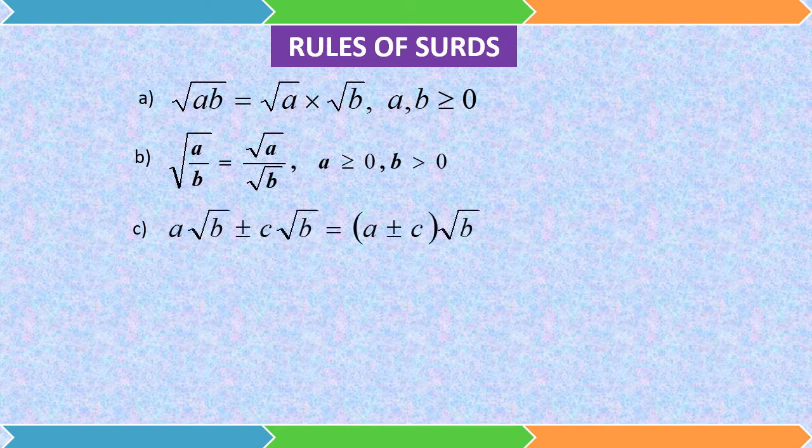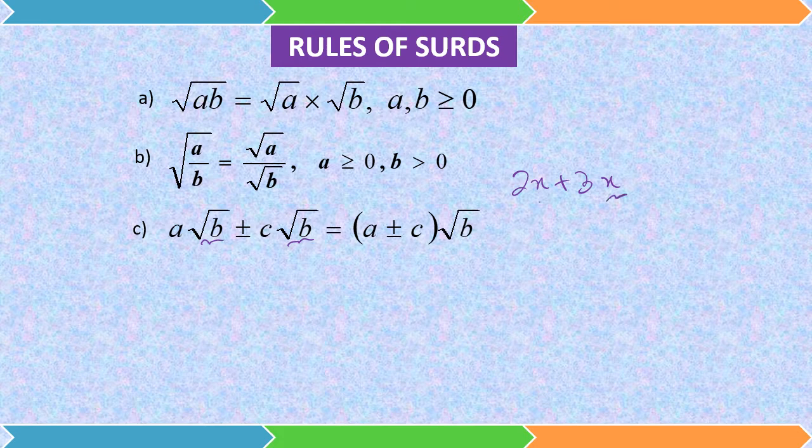For c, we have a square root of b plus or minus c square root of b. So we have the same square root here, square root of b. It can be written as a plus or minus c multiplied with surd b. This is just like what you do for an equation, for example, 2x plus 3x.